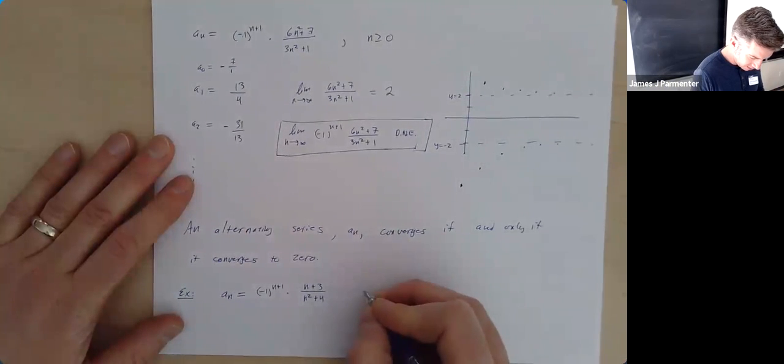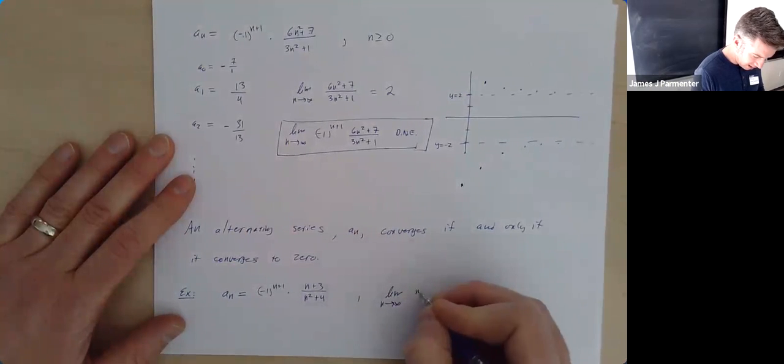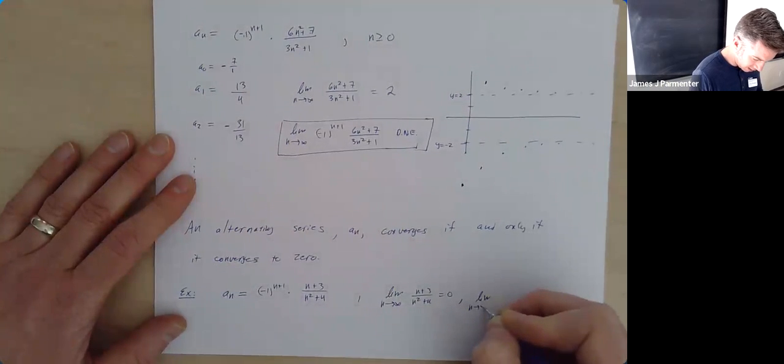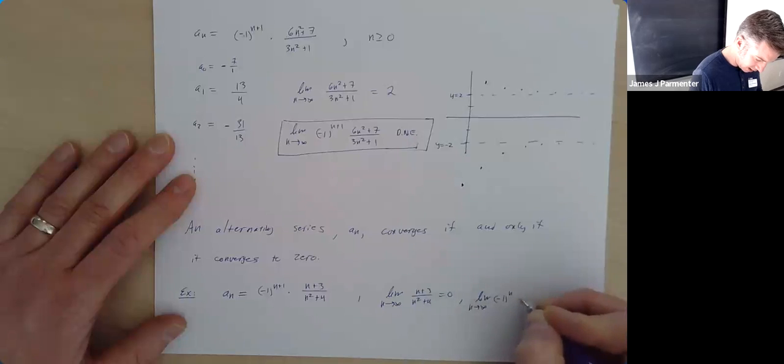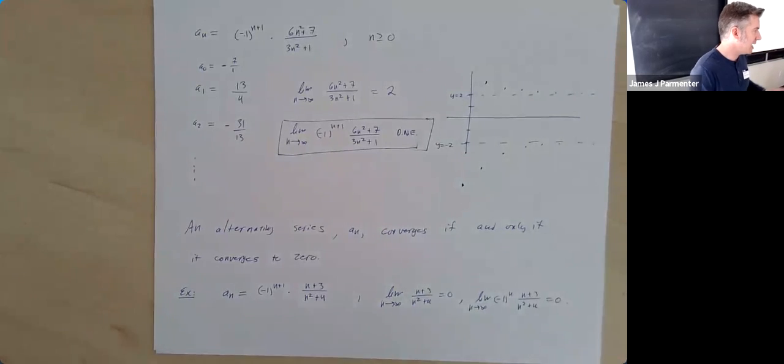So this definitely converges to 0, because the limit as n goes to infinity of n plus 3 over n squared plus 4 is 0. So we can also say the limit as n goes to infinity of -1 to the n times n plus 3 over n squared plus 4 is equal to 0. It's kind of neat.